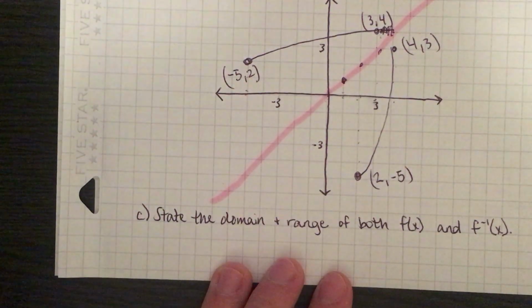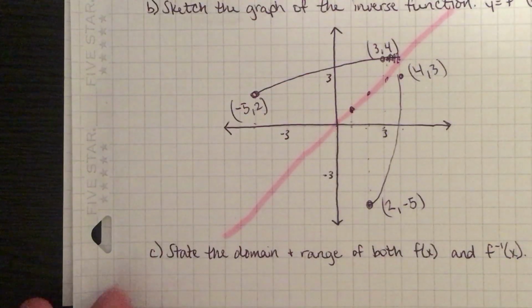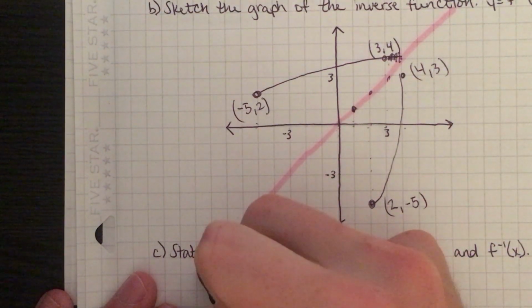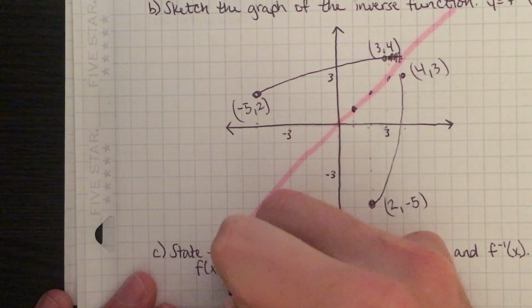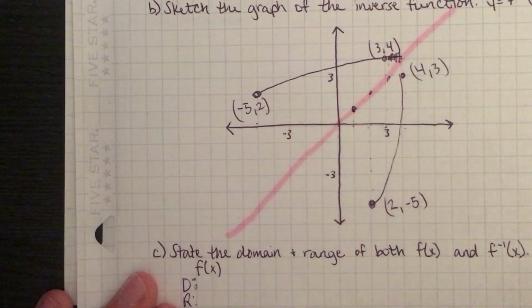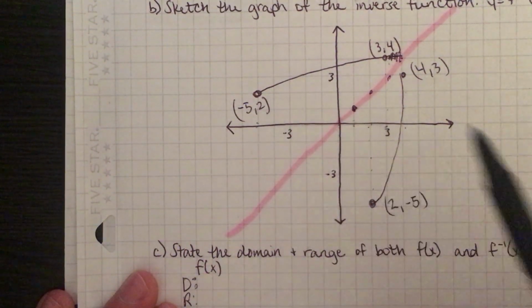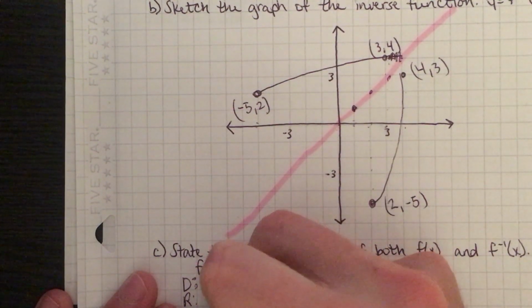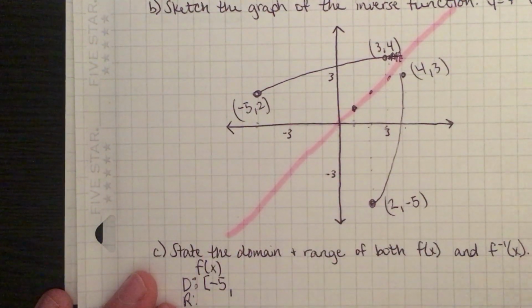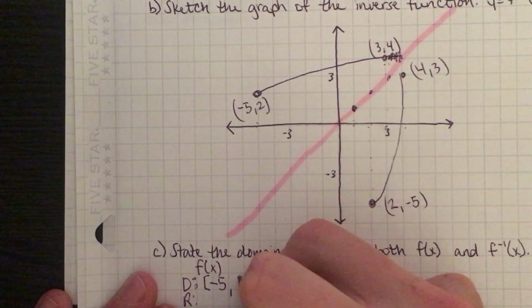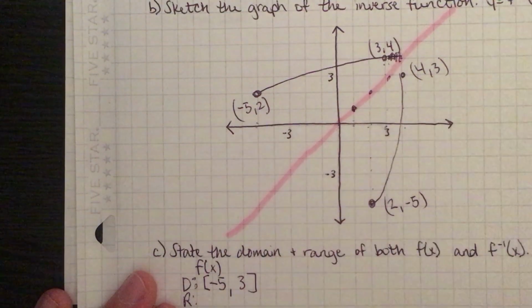Then when we're talking about the domain and the range of these, for f of x here, we've got the domain and we've got the range. The furthest left that this graph goes is -5, which is an included point, and then we've got 3, which is the furthest right, and that's included.